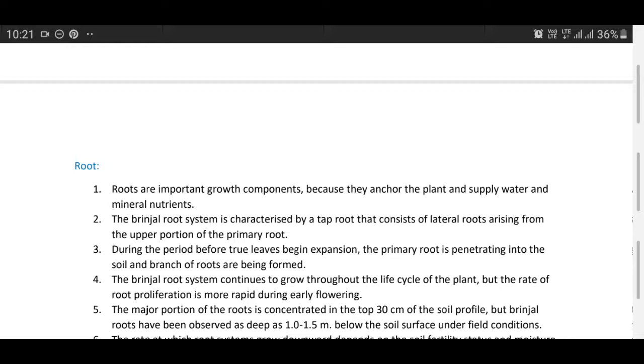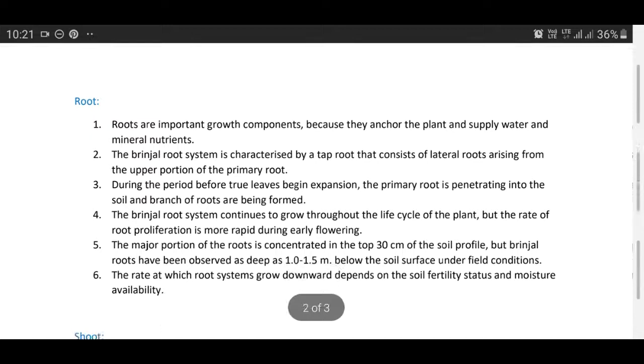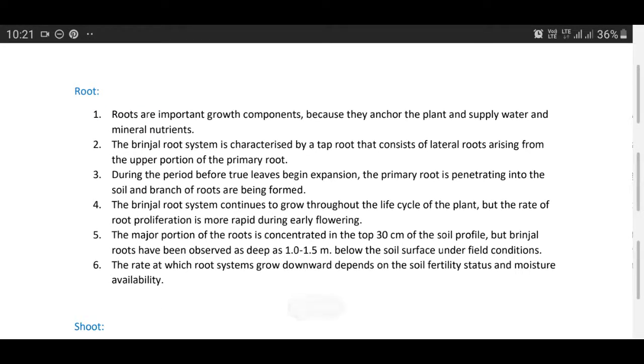The brinjal root system is characterized by a taproot and consists of lateral roots arising from the upper portion of the primary root. During the period before true leaves begin expansion, the primary root is penetrating into the soil and branch roots are being formed.